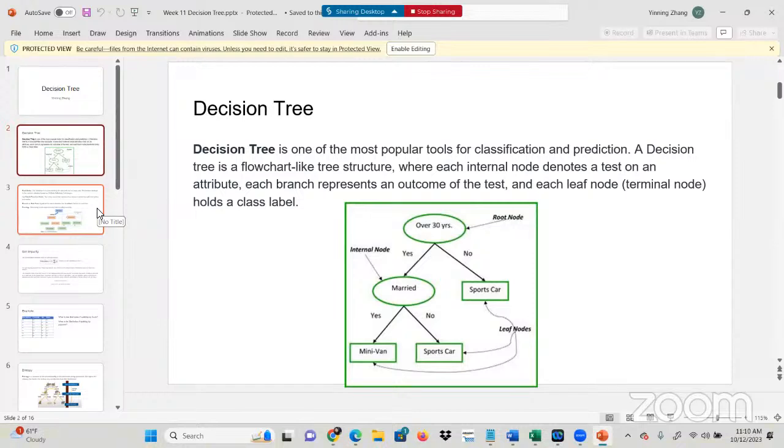Then the first thing we have to decide is which feature we put on the top. For these decision trees, what we really need to decide is the structure of the tree: which feature on the top, and after that feature, what feature goes next. That's how we decide which feature is the best feature to classify the data.